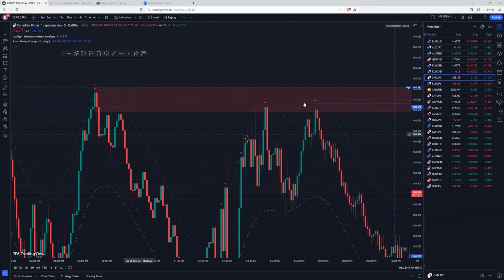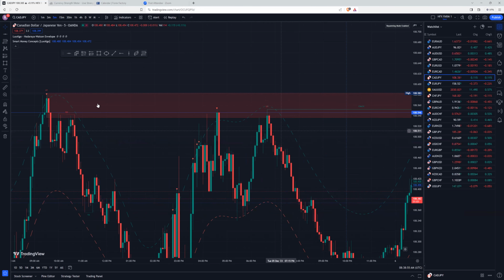Now, let's see. Can you see this? So with that one, you get a better entry than just waiting for it at the tip, though the tip still works. It works most times. Since it's a swing order block, most times it works really good. But sometimes if the pair still wants to push up a bit more, that's the best place.